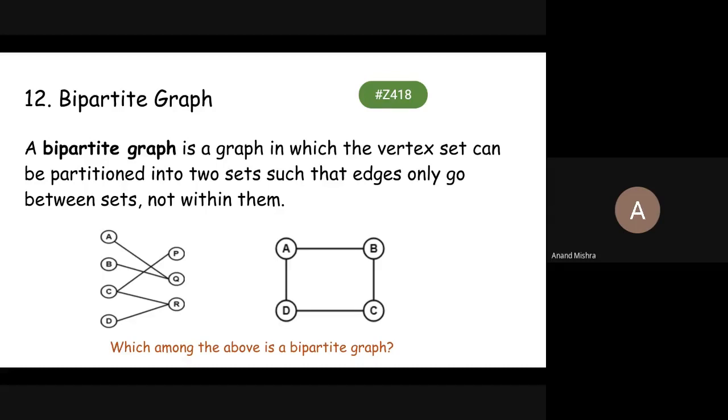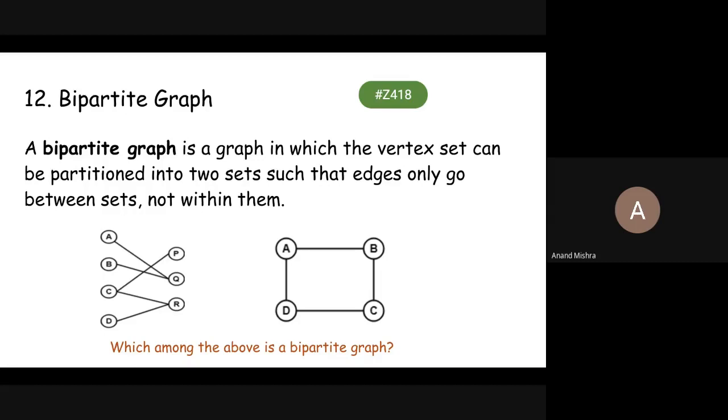The two sets here will be the set of candidates and the set of jobs, and the connection will always be from candidate to job. Candidates are not connected to each other. So this is an example of a bipartite graph.